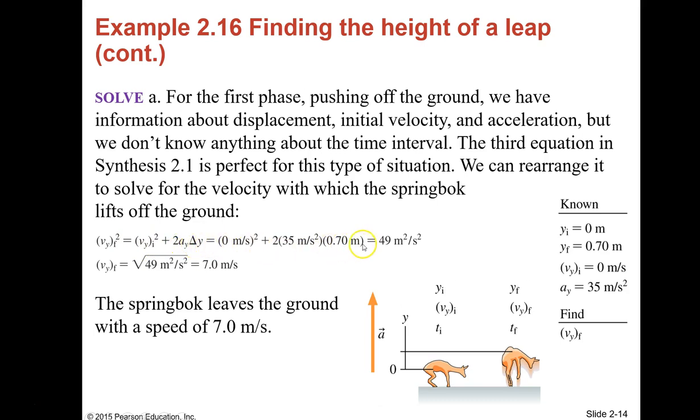So we can use this equation to solve for v_y final, which is 7 meters per second. That means that the speed as it leaves the ground is 7 meters per second. So at an acceleration of 35 meters per second squared over a distance of 0.7 meters, its final speed right before it leaves the ground is 7 meters per second.